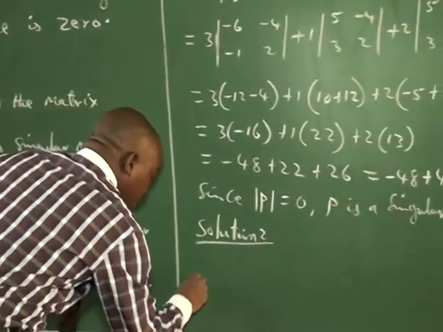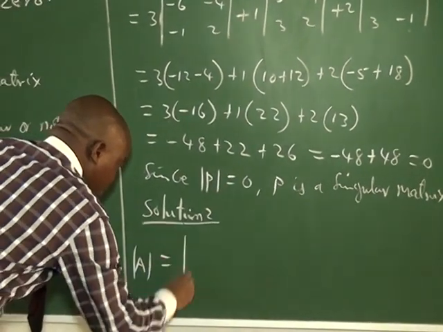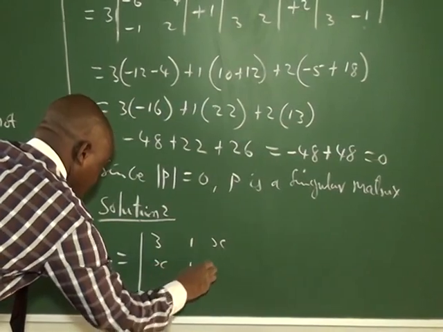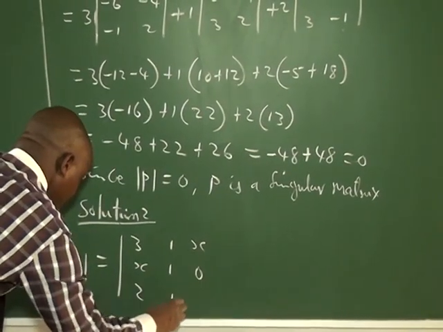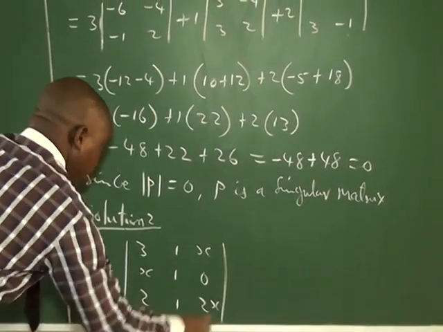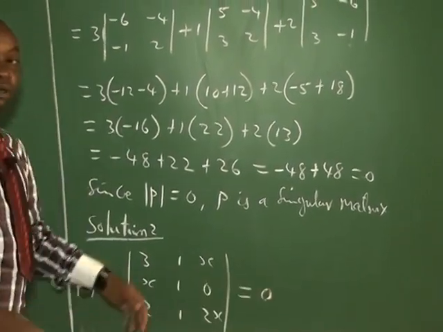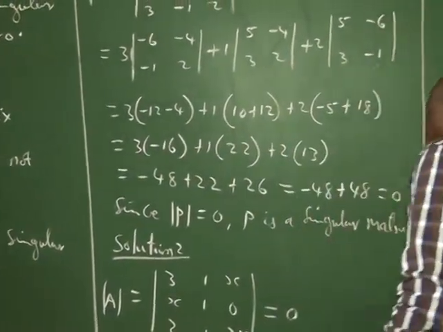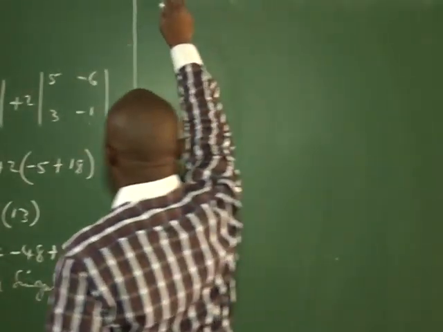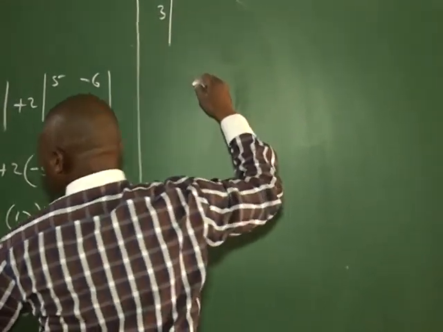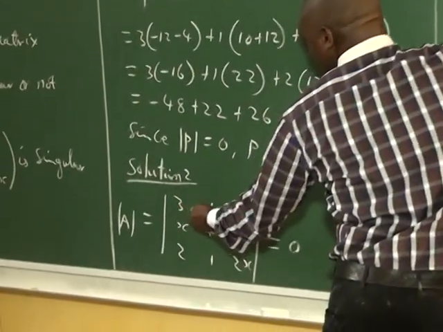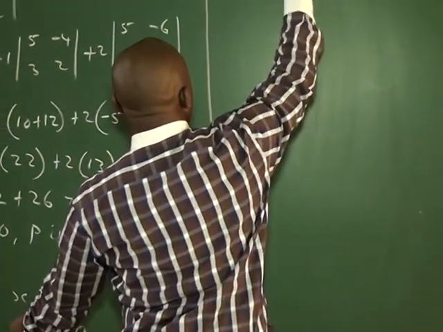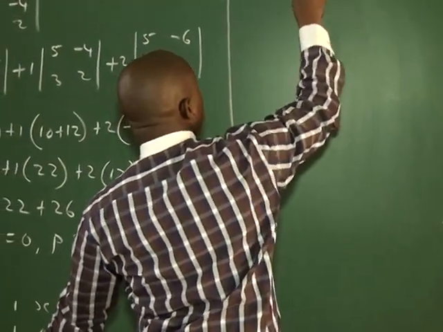And then we'll now see the determinant of A, with rows 3, 1, x; 1, 0, 2; 1 and 2x, equals 0, because the matrix is singular. And that will give us 3. So we have to ignore the elements in the column and in the row in which 3 is contained. And so we will have 1, 0, 1, and 2x.